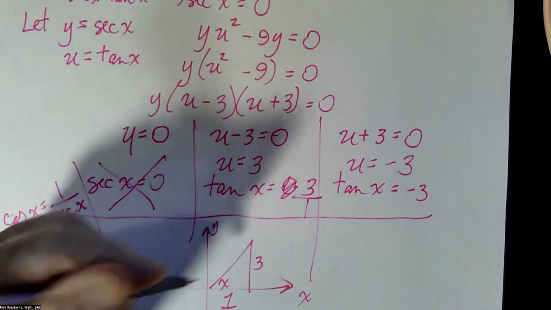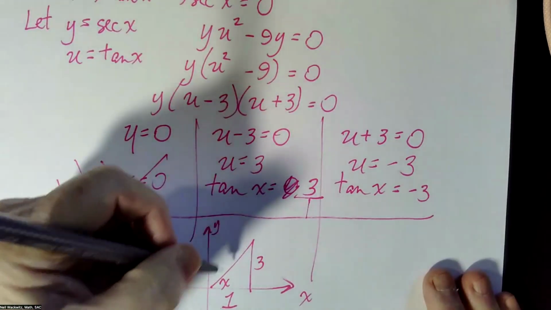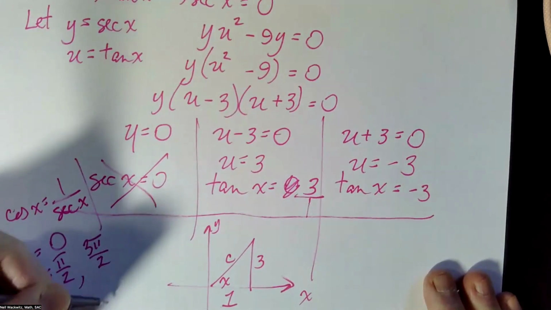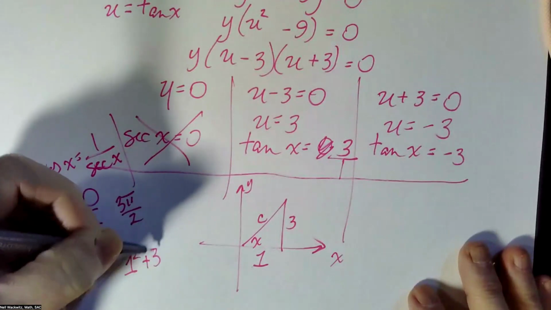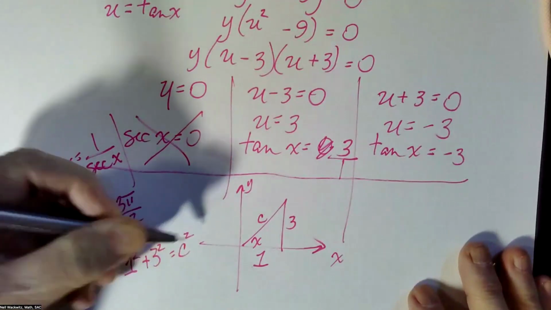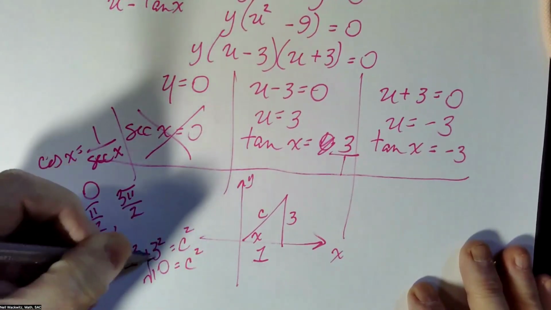To find the hypotenuse, we're just going to use the Pythagorean theorem. And so we've got 1 squared plus 3 squared is c squared. That's 10 is c squared. Take the square roots.